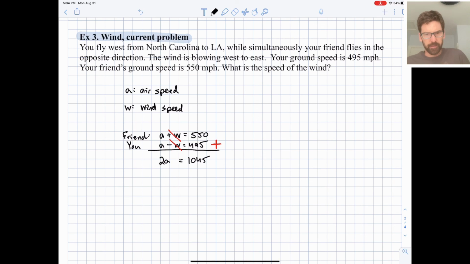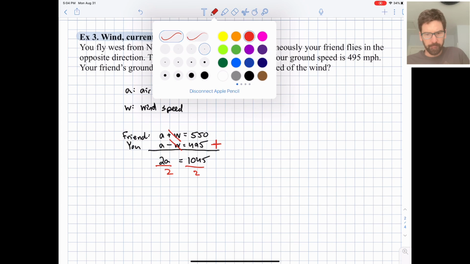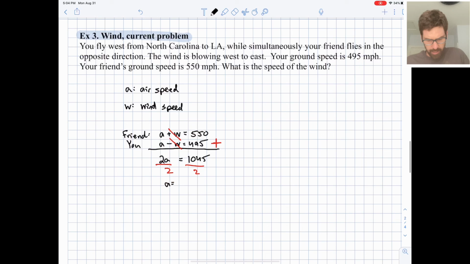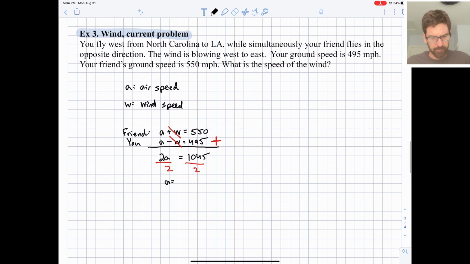So we could divide then through by 2. And so we get A is equal to 522.5. So that's your airspeed. So through still air, or just your speed relative to the air that you're traveling through, is 522.5 miles per hour.